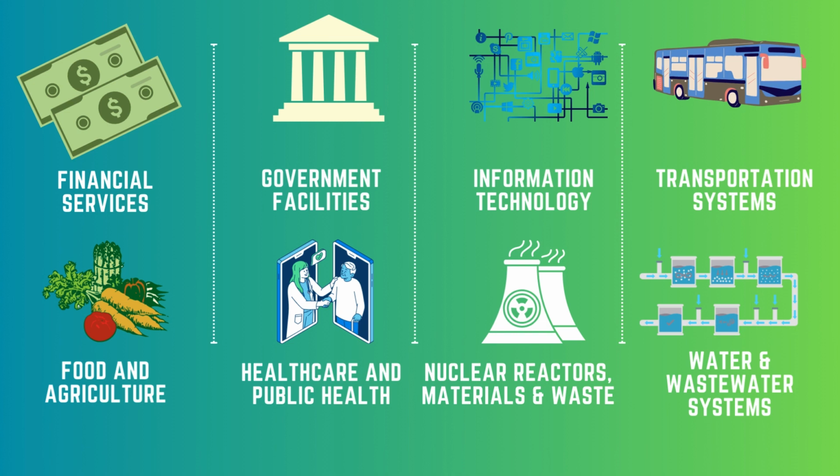Here, access to drinking water and use of clean water is essential for the citizens and people of the country. So this sector is about the water section, and wastewater is about how to treat the wastewater. The water sector is a very important sector which needs to be protected against external actors and threats.